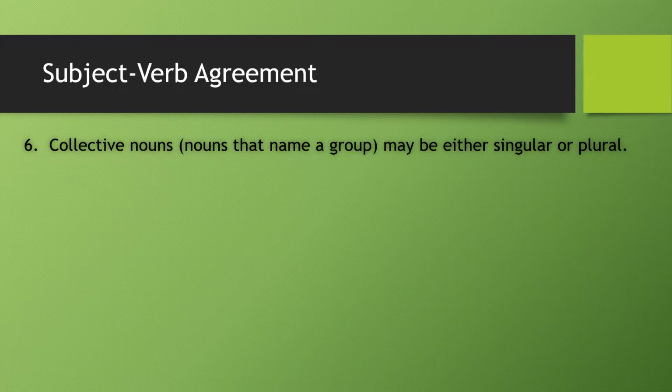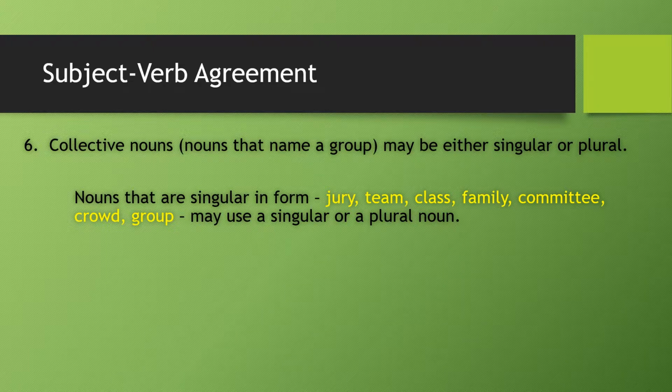Rule number 6, collective nouns. A collective noun is a noun that names a group of things or people, and may be either singular or plural. Collective nouns that are singular in form, such as jury, team, class, family, committee, crowd, group, and others, may use a singular or a plural verb.